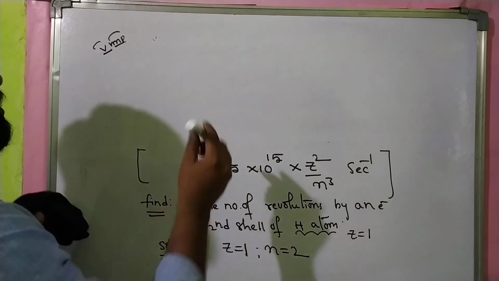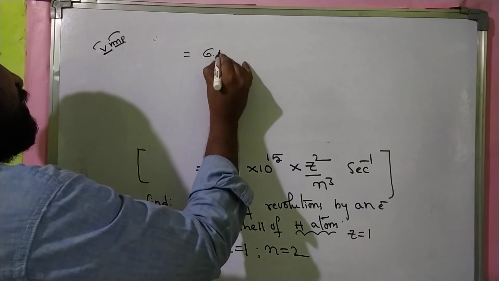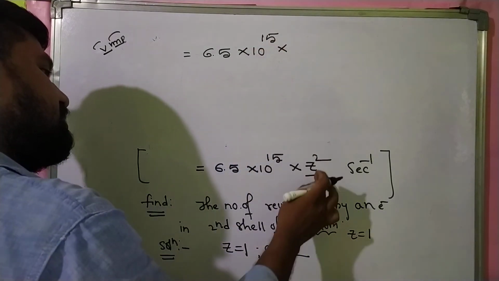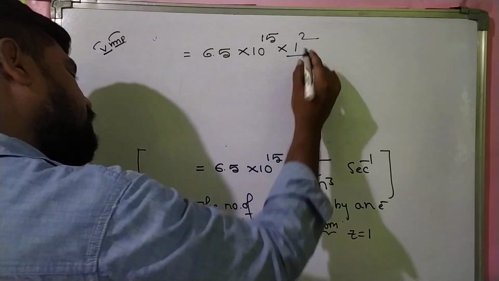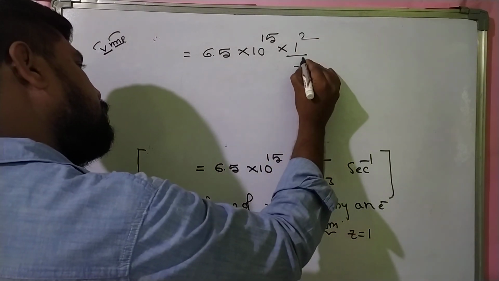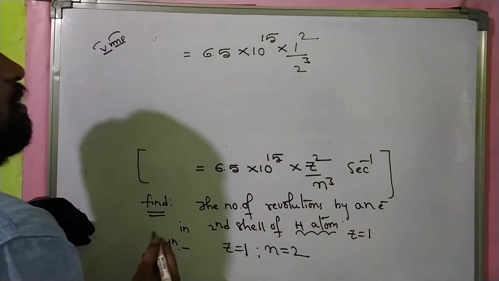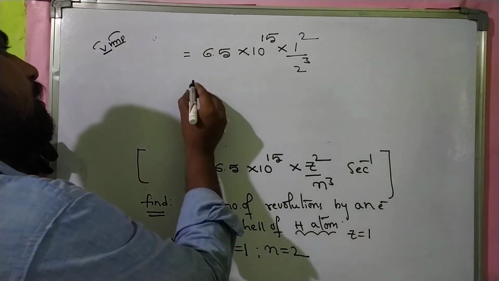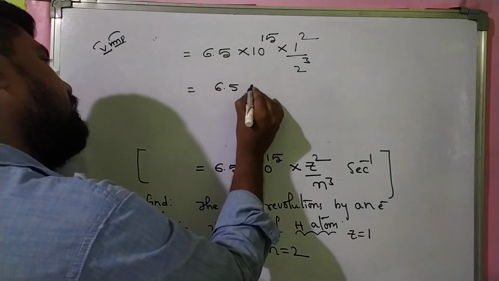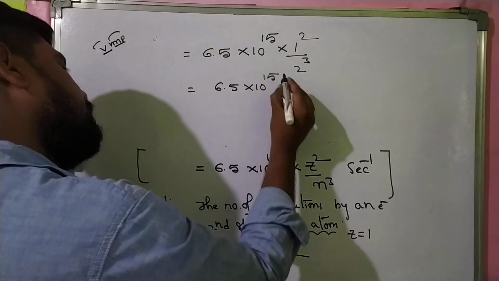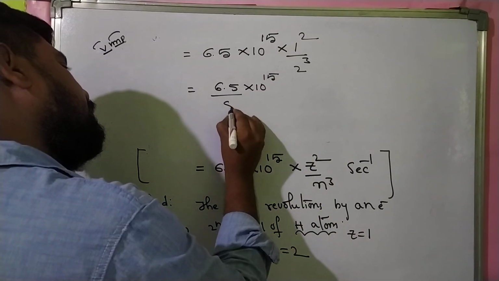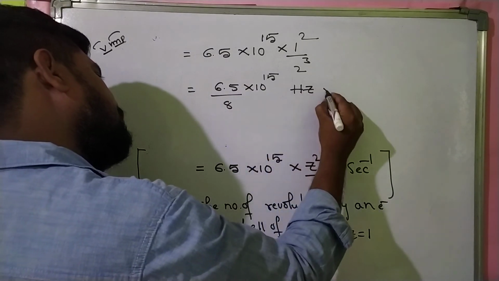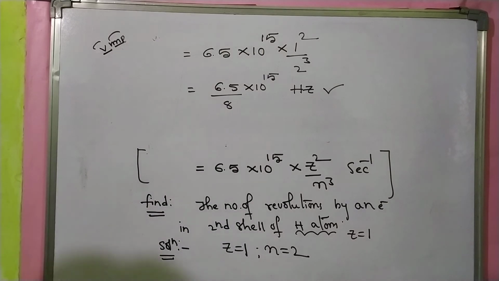The answer equals 6.5 into 10 to the power of 15, Z square means 1 square, n cube means 2 cube, so 6.5 into 10 to the power of 15 by 8. Simplify it yourself, the unit is second inverse. So this is the answer. Please note this.